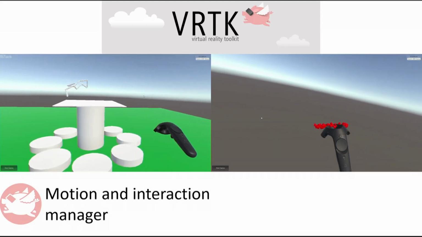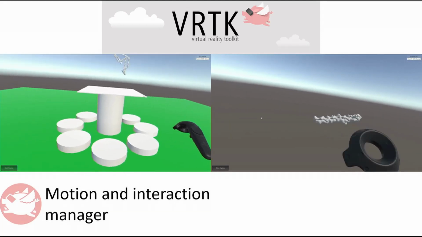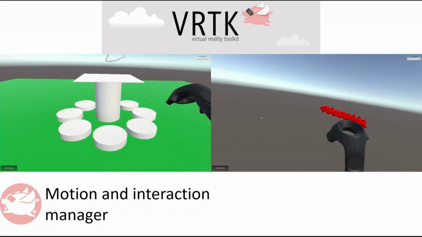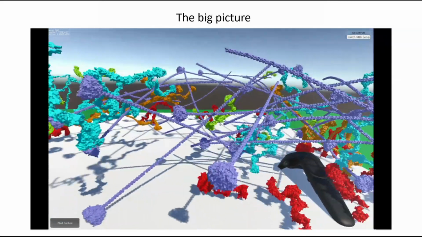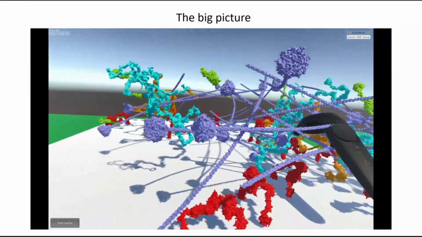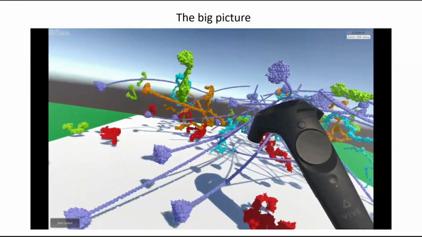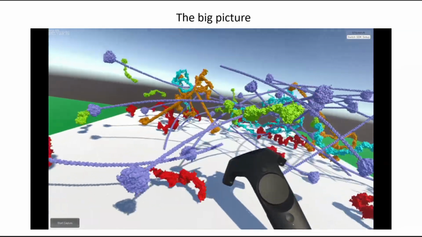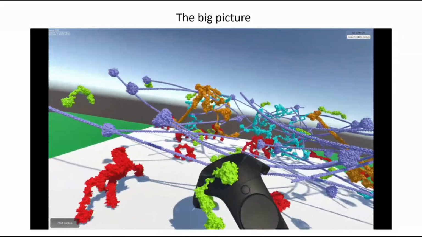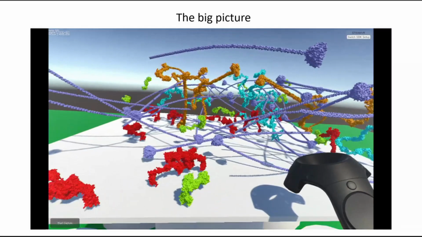I would like to conclude this talk by showing you this video. If this was an all-atom model, there would be roughly 500,000 atoms. It would be difficult to do molecular dynamics on such a large system.